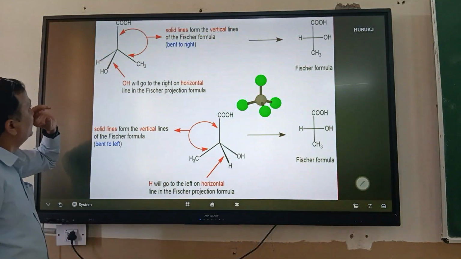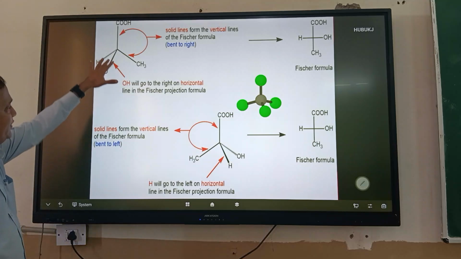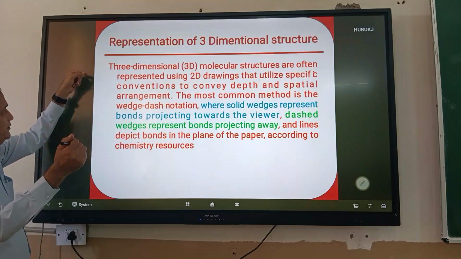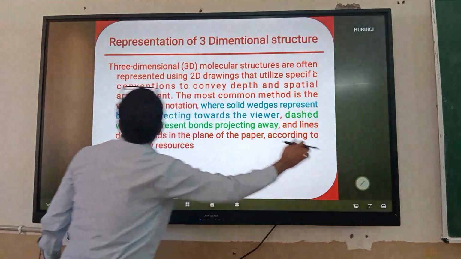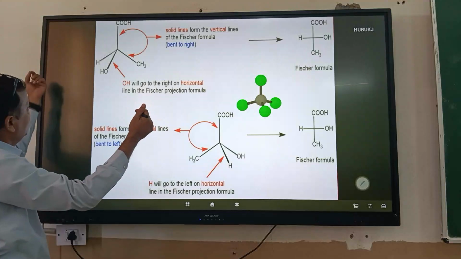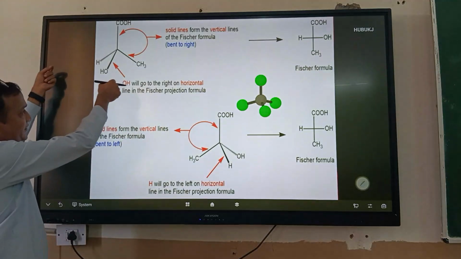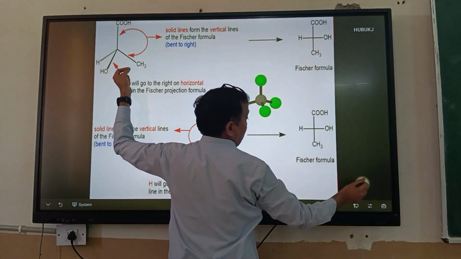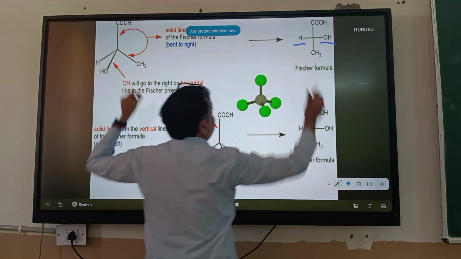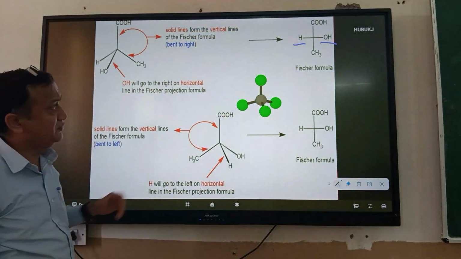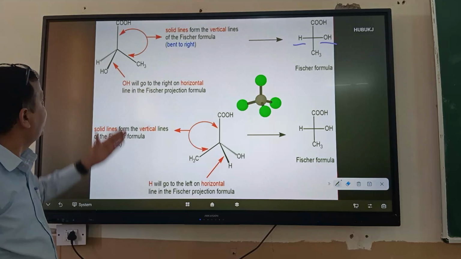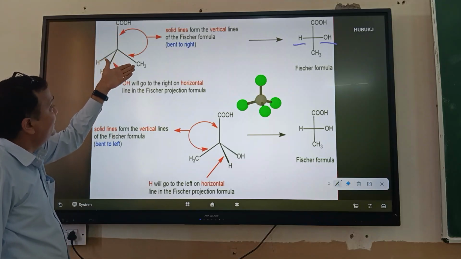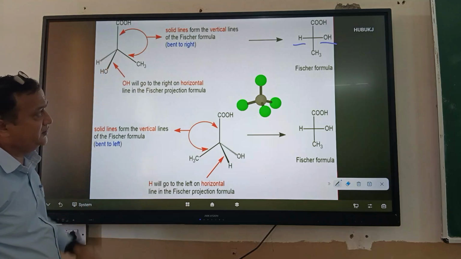I have already told you how to interconvert the structures. The flying wedge form is there. This is the right ear of the horse, and this is the left ear of the horse. Hold these two, and they will become horizontal. OH will come to this position, and H will come toward this position. At the vertical position, it will be the mouth of the horse, and downwards the methyl group is the tail of the horse.